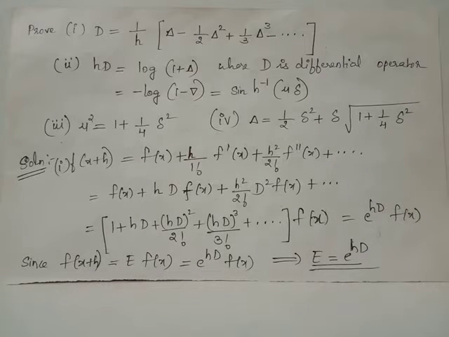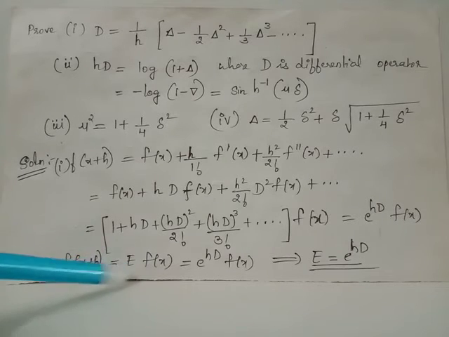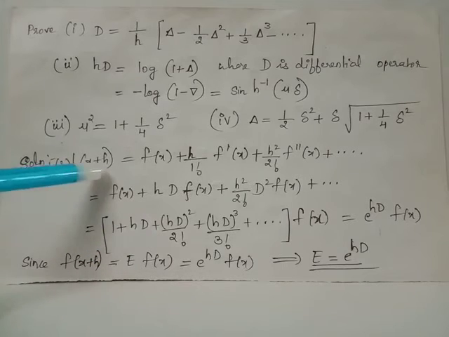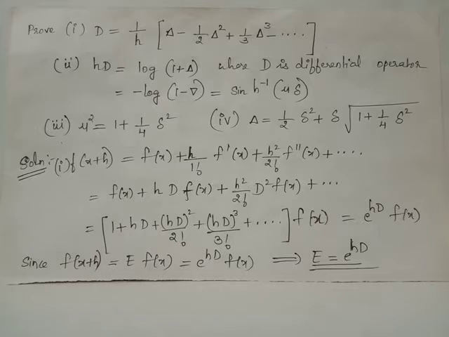When shift operator E acts on input f of x, the output displayed is f of x plus h. We have proved here that f of x plus h equals e raised to hD applied on f of x. From these two deductions, we have shift operator can be equated to the operator e raised to hD.